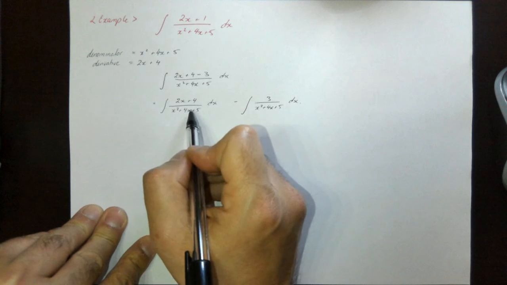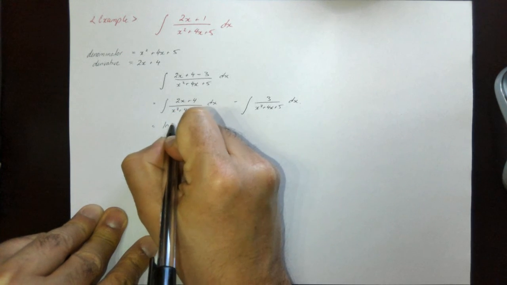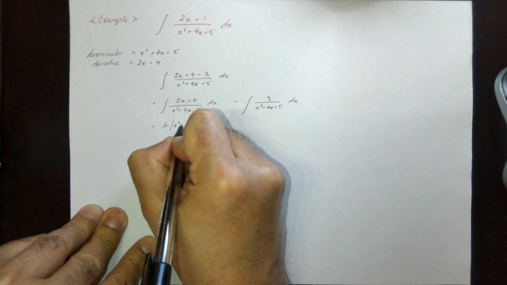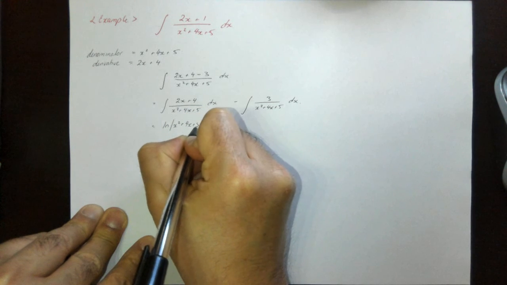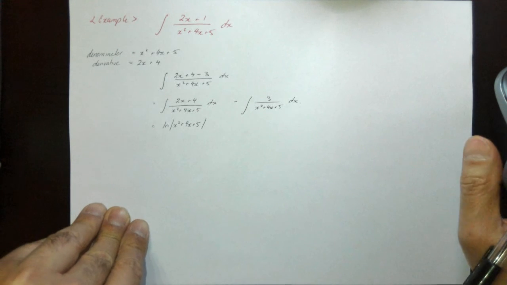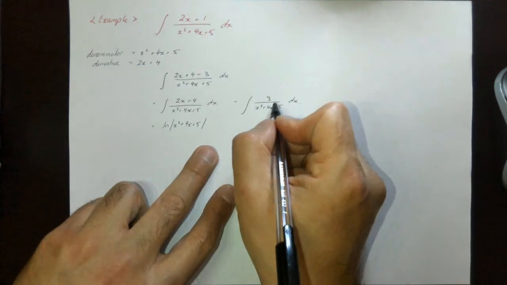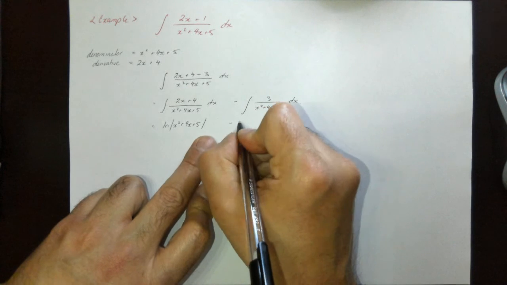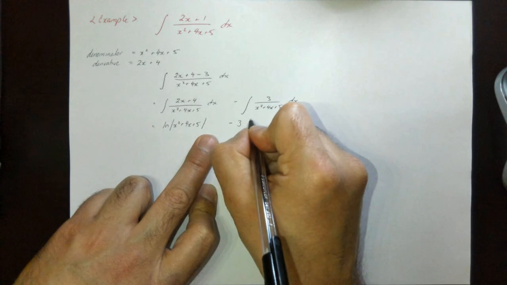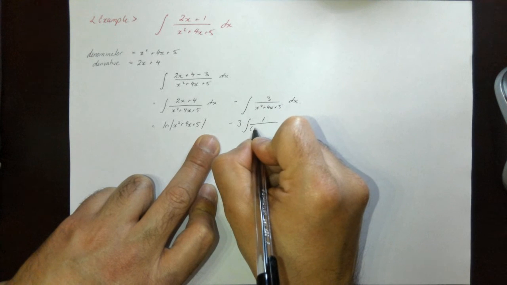Remember that this is just the log of the function because the derivative is on the top. What I can do is take out the 3 from this side, and I'm going to factorize the bottom.